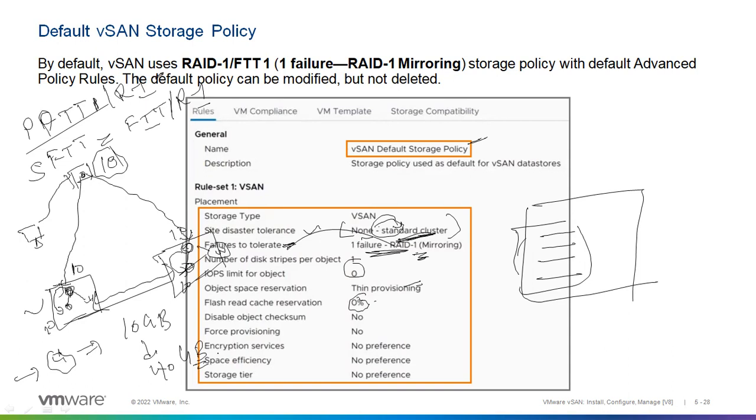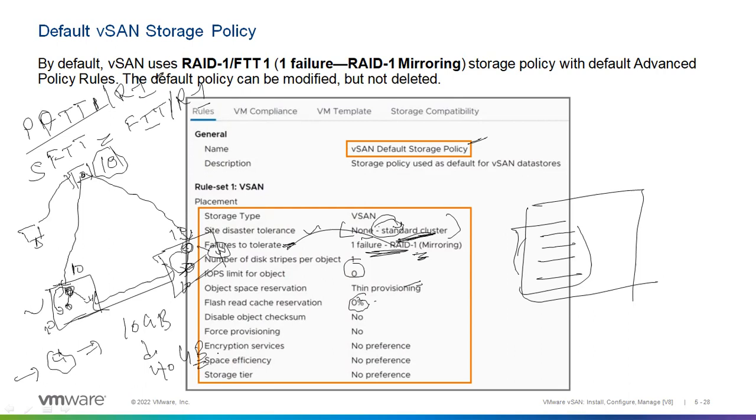So this is the best use case of it. You are planning the stretch cluster across two availability zones where you want to protect your data across the sites. If one site fails, your VMs will be restarted on another site without any DR solution.